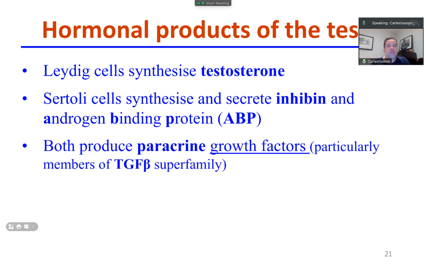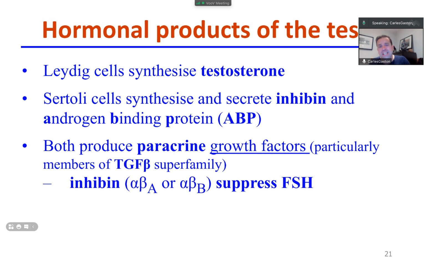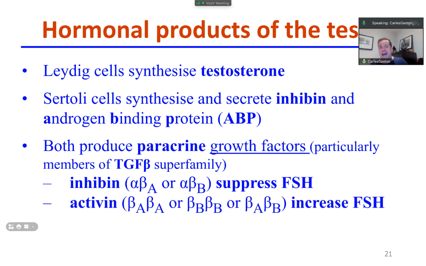Both of them produce paracrine factors, particularly members of the TGF-beta family, such as inhibin, which suppresses FSH, and activin, which increases FSH.